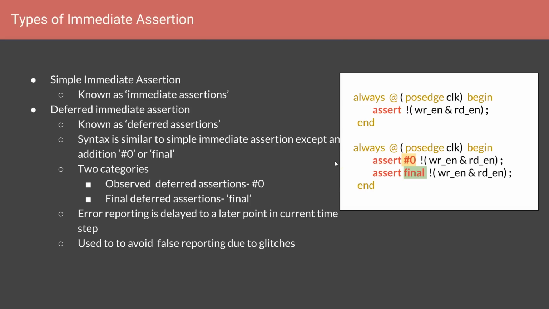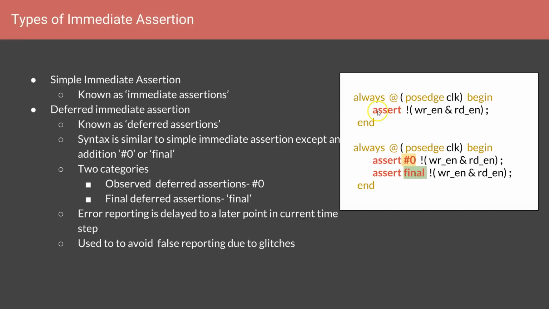There are two categories of immediate assertions: simple immediate assertions and deferred immediate assertions. Quite commonly, simple immediate assertions are known simply as immediate assertions, and deferred immediate assertions are known as deferred assertions.